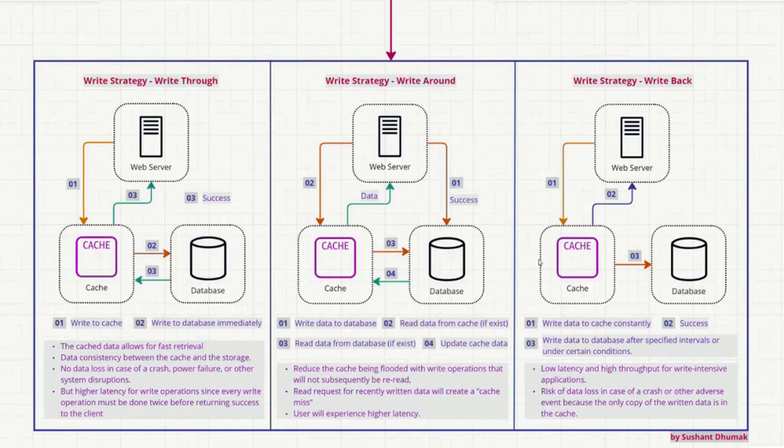But in this strategy, that is the only part that may cause some data loss, or there will be a risk involved. So this is all about the write strategies, and this is all about read and write. It all depends on how you are designing a system and how you use these strategies depending on the different situations in your system.